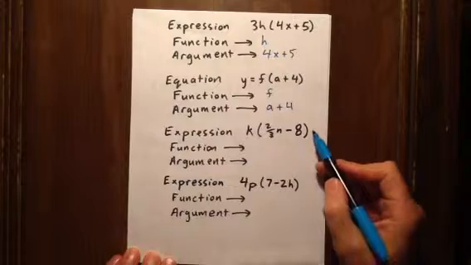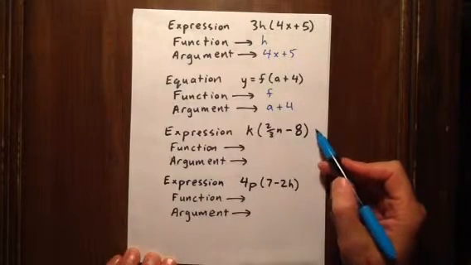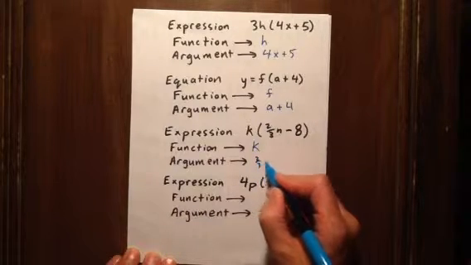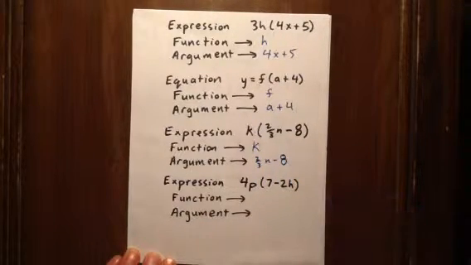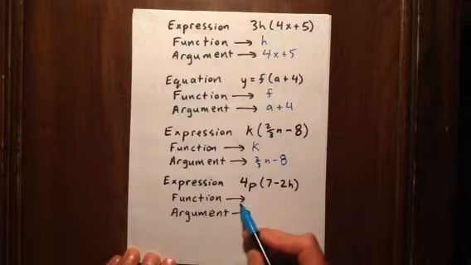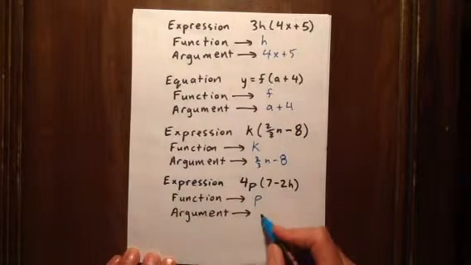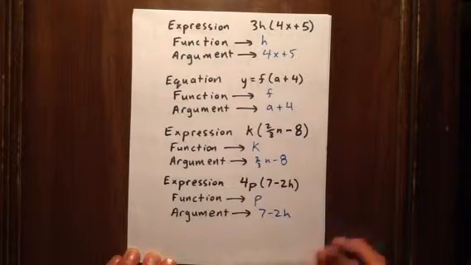When we talk about the expression k of 2/3 n minus 8, the function is k, and the argument is 2/3 n minus 8. Okay? And if we talk about the function 4p of 7 minus 2h, the function is p, the argument is 7 minus 2h.